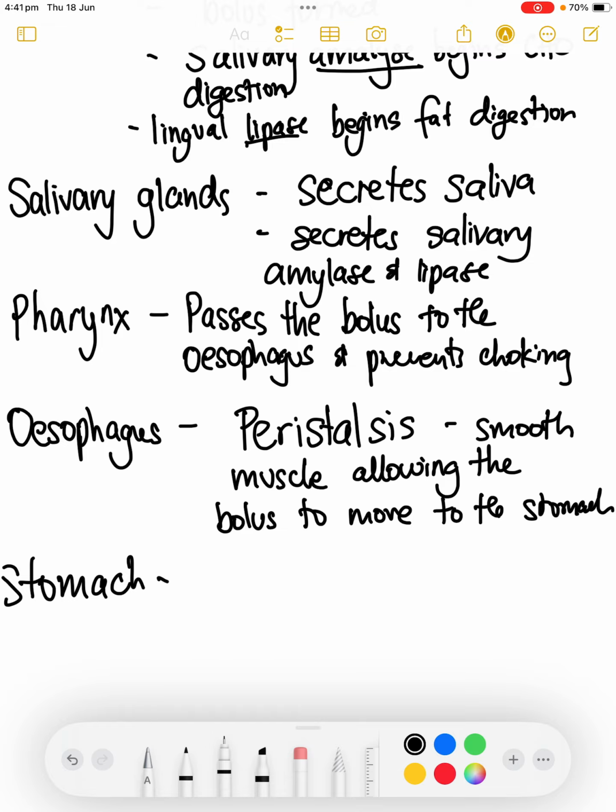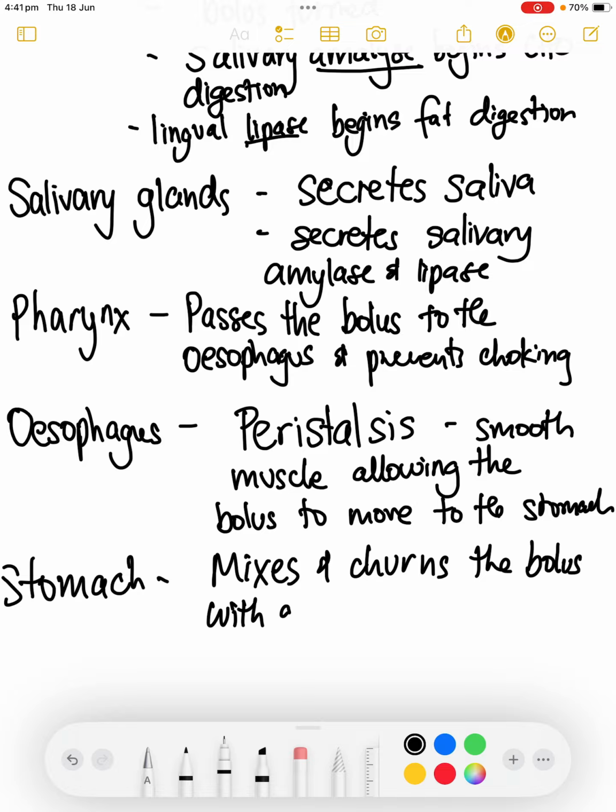All right, just writing that all down now. It mixes and churns the bolus with gastric juices.